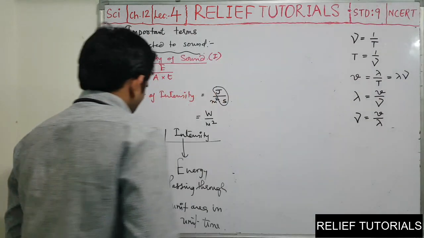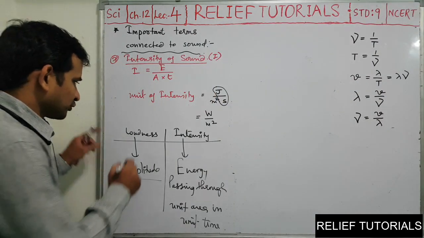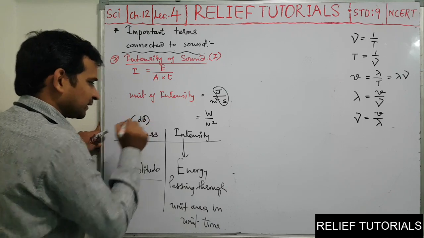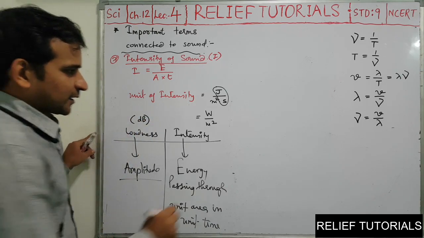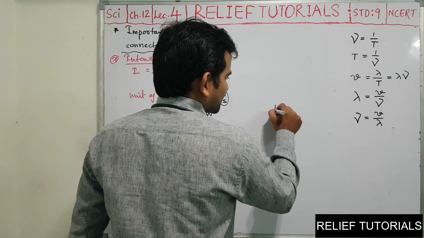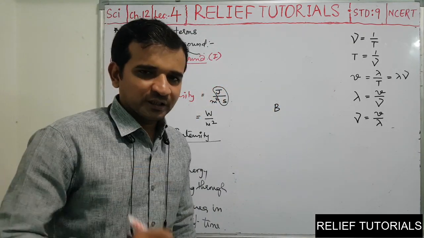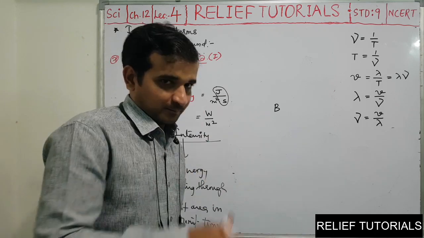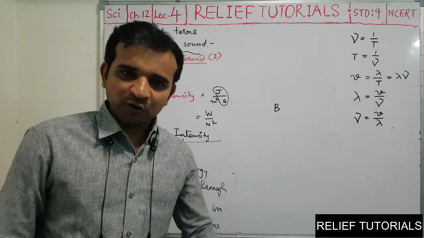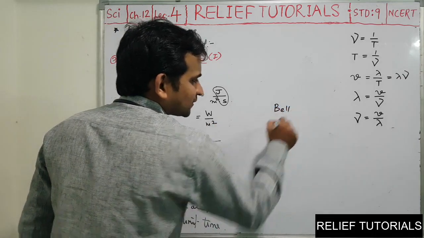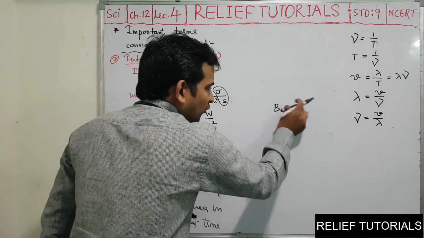See, the unit of loudness is decibel. Actually, the unit is bell. I think you have heard the name of Alexander Graham Bell. So, in the memory of that scientist, the unit of loudness is bell, but the whole name is not written.